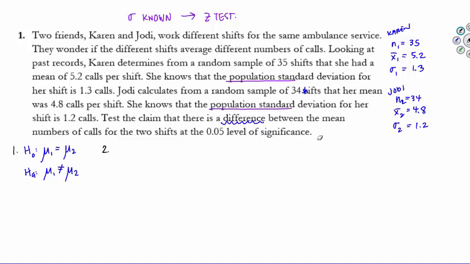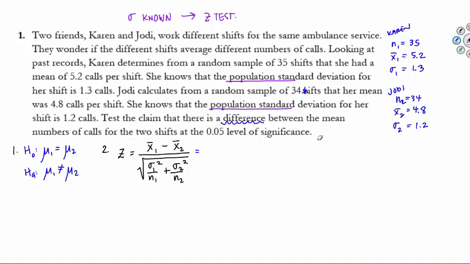Step 2 is to actually calculate that z-test statistic. These are differences in means, x1 sample mean minus x2 sample mean, divided by the square root of population standard deviation 1 squared divided by sample size 1 plus population standard deviation 2 squared divided by sample size 2.